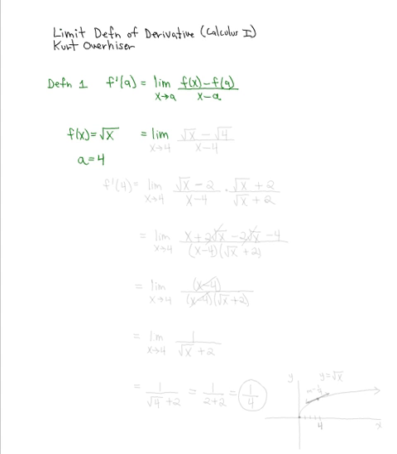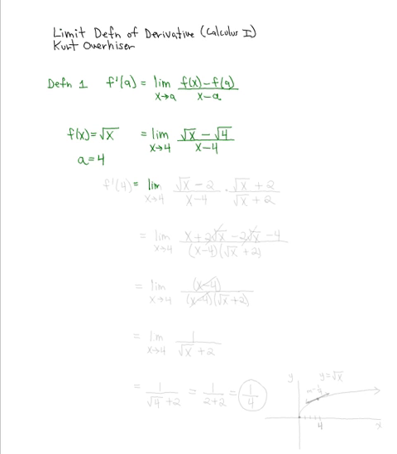and we obtain this. The limit as x approaches 4 of f of x, which we know is the square root of x, minus f of a, which we know as the square root of 4, divided by x minus 4. And we all know that the square root of 4 is equal to 2.